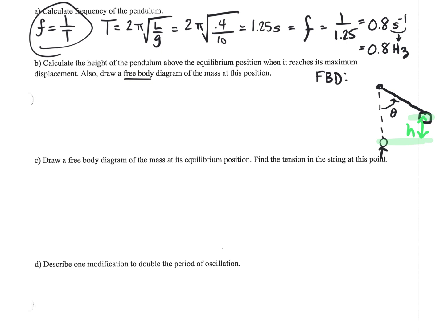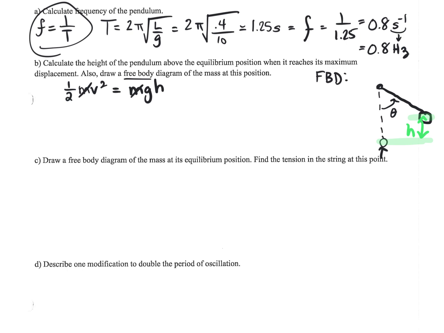Does that make sense? So we know that 1/2 mv squared is equal to mgh, right? And the m goes away. We don't care about the mass. So what we want to find is h, don't we?